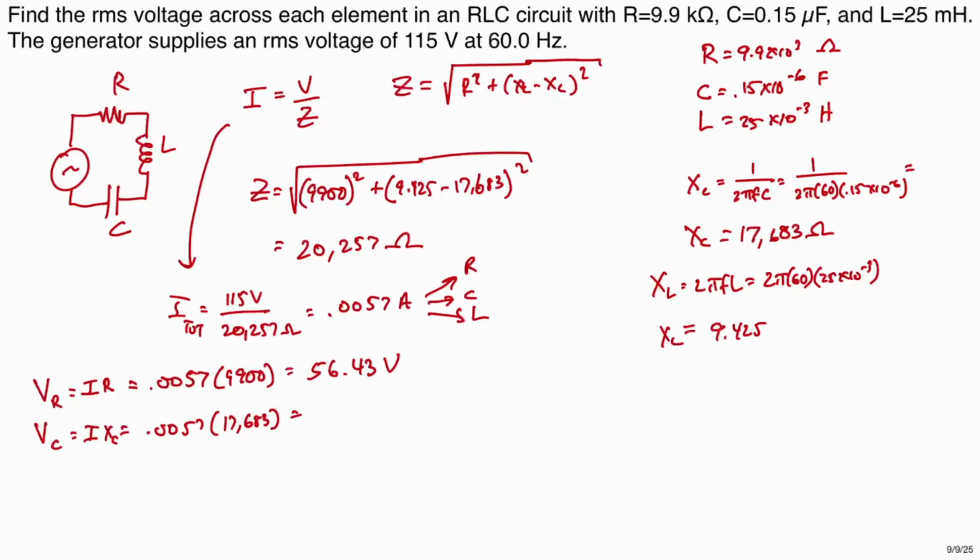I got 101 volts. And then the inductor will be the current times the resistance of the inductor. 0.0057 times 9.425 gets me 0.054 volts. And so there I can see that the element in this circuit that is using up most of my electric potential is the capacitor, right? The inductor is hardly doing anything, and the resistor is doing whatever it is.